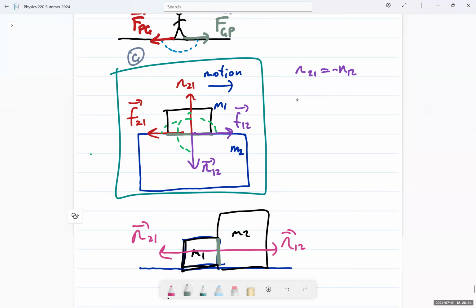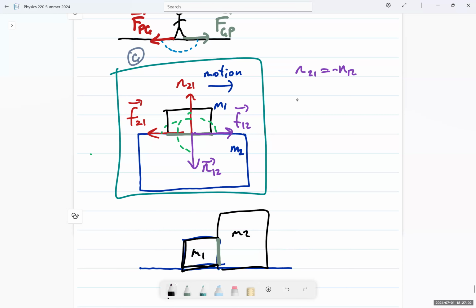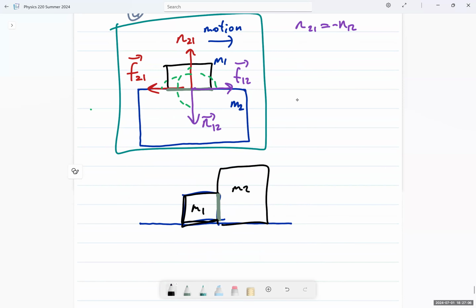Okay. Now, a lot of times what you're going to see here is something like this. Let's say there's no friction. You have those two particles sitting there, there's no friction. And let's say somebody is pushing M1 with some force.